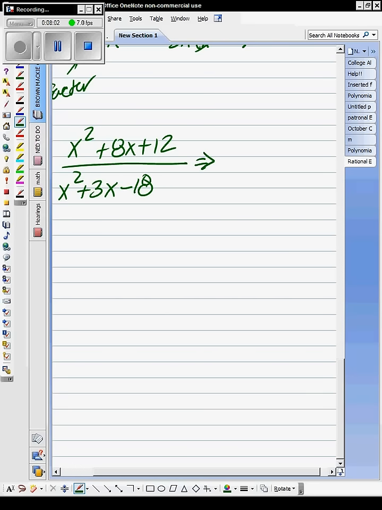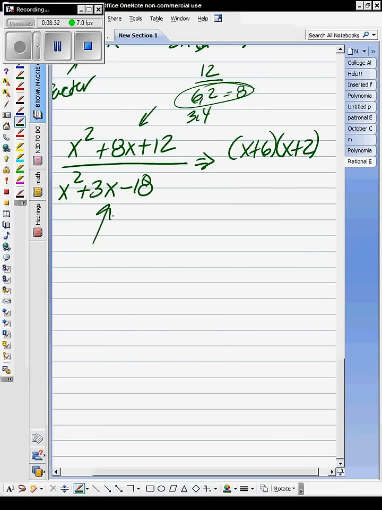Well, now in this case I have to factor the top and the bottom. So let's look at this first one here. I need to see what multiplies to be 12, and we actually just did that, and adds up to be 8. Well, we already know that if it multiplies to be 12, it could be 6 and 2 or 3 and 4. Which one would add up to be 8? It would be this one. So in my numerator, I would have x plus 6 and x plus 2.